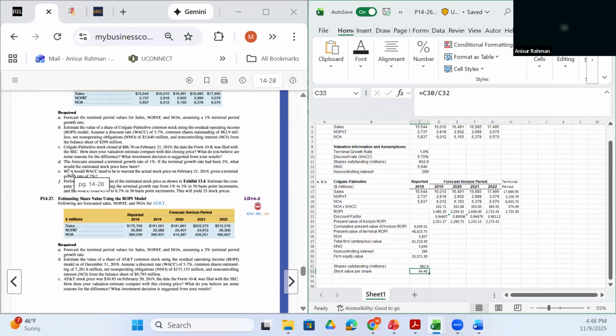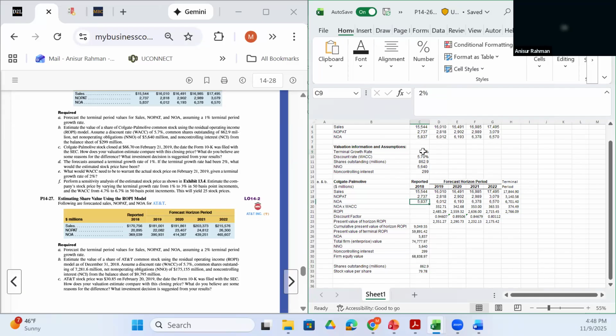Okay, now D, the forecast assumed a terminal growth rate of 1%. If the terminal growth rate had been 2%, what would the estimated stock price have been? So we can actually directly change it to 2% to see that the value increases to $79.78.